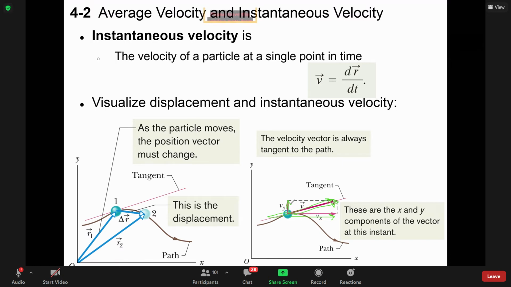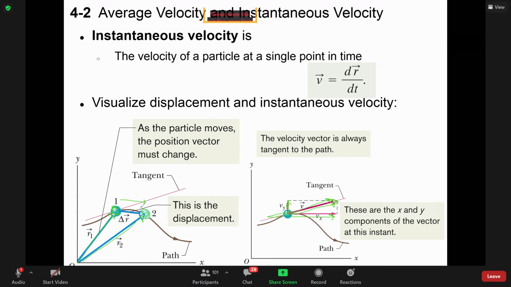In the case of the displacement, focus with me. You have the same situation but over a period, not instantaneously, which means I have this ball at position 1. Now the ball moved to position 2. R1 is the initial position. Now what is delta R? Delta R is this vector, but how do we make sure it is in this direction and not the opposite direction?